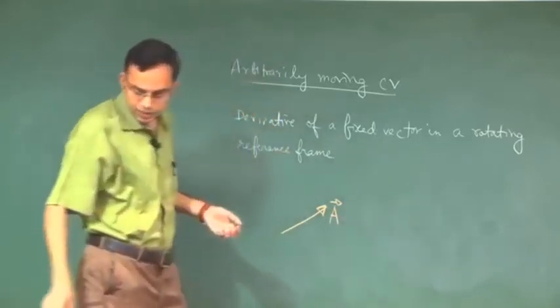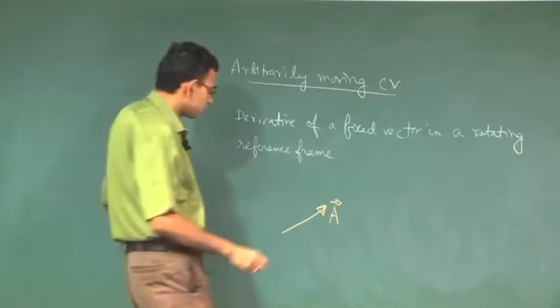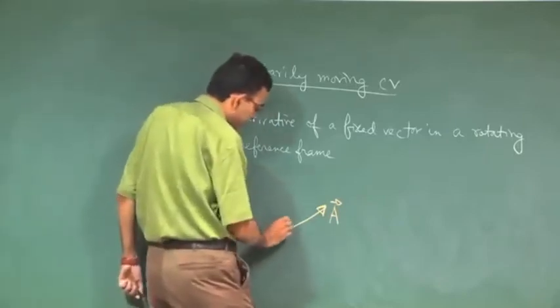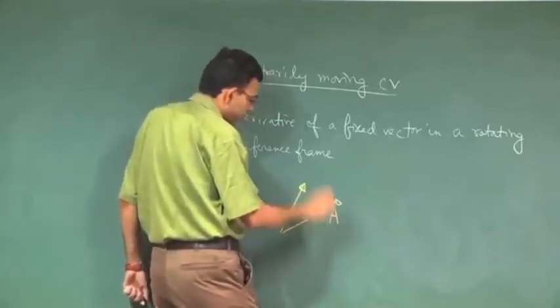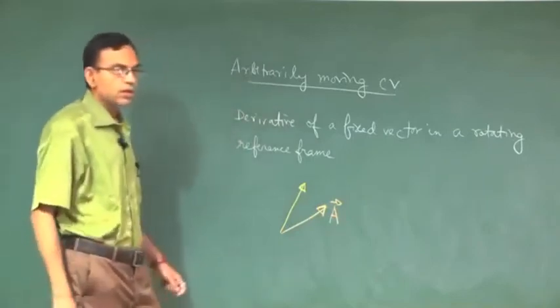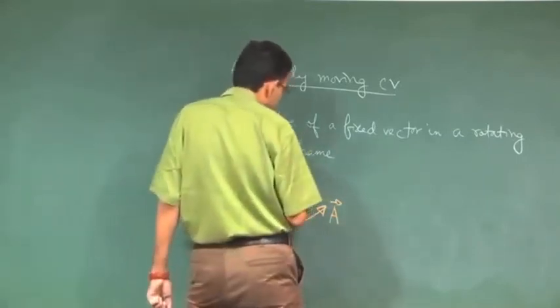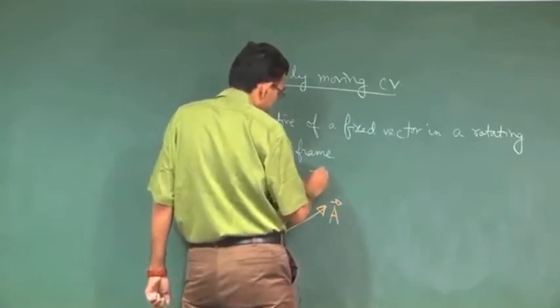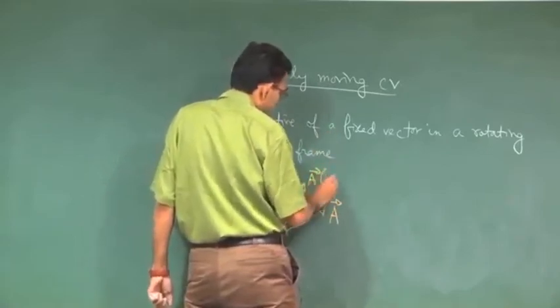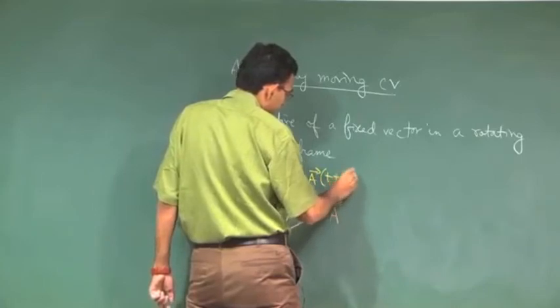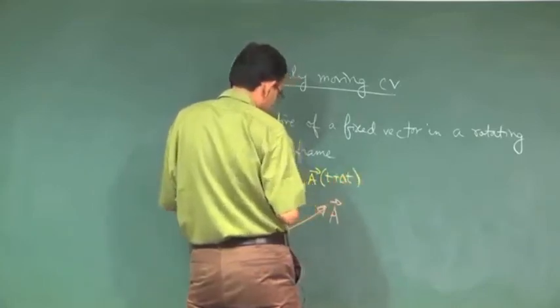So this vector after a time interval of t plus delta t will be there.